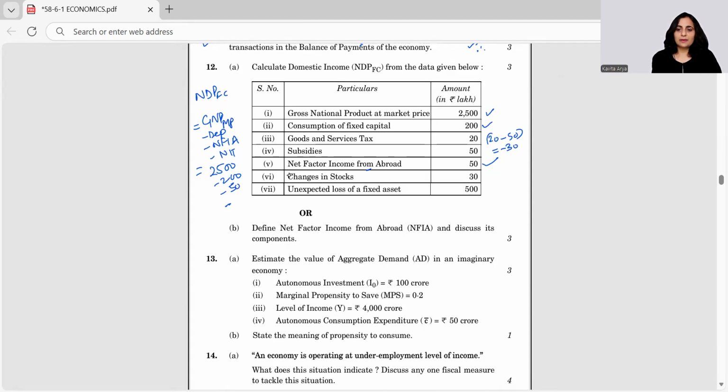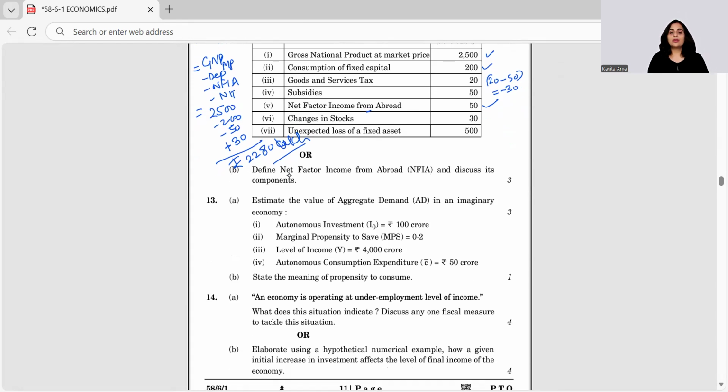And when I have to subtract minus 30, it will be added because of this sign. So what is the net effect? I have to subtract 220 from 2500. So 2280 would be the right answer. These many lakh of rupees. I hope you got the steps.